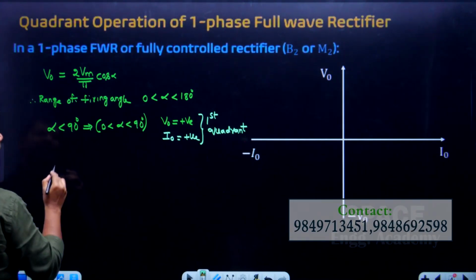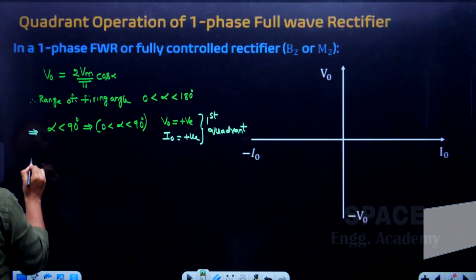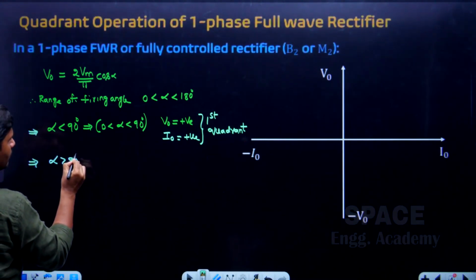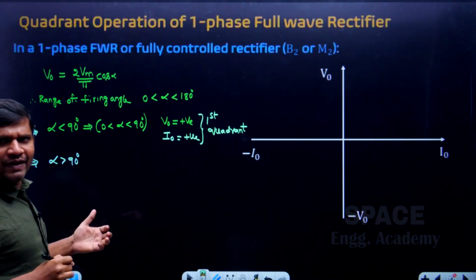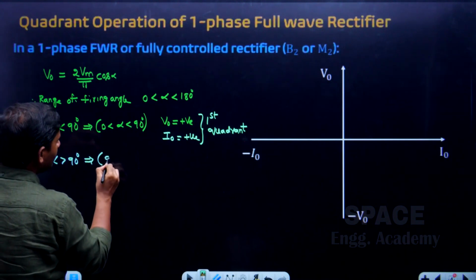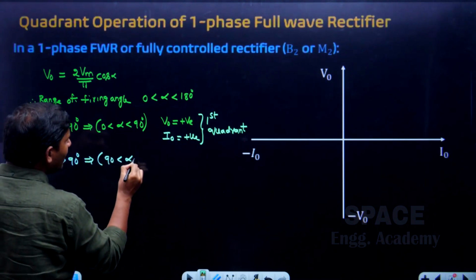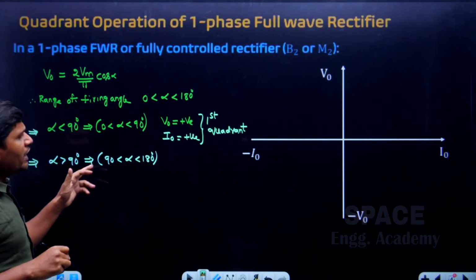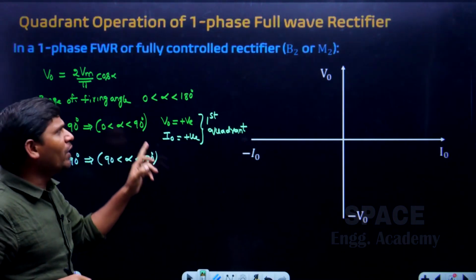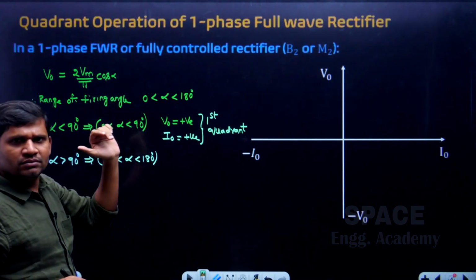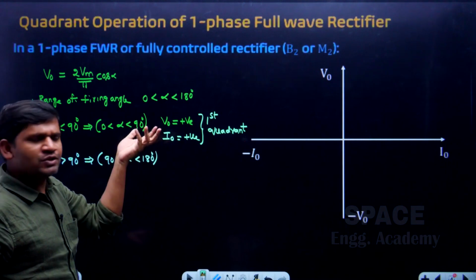If you take alpha greater than 90 degrees, that means 90 less than alpha less than 180. You substitute any firing angle between 90 to 180 degrees, cos becomes negative, cos 120 is minus 1 by 2. This goes negative.